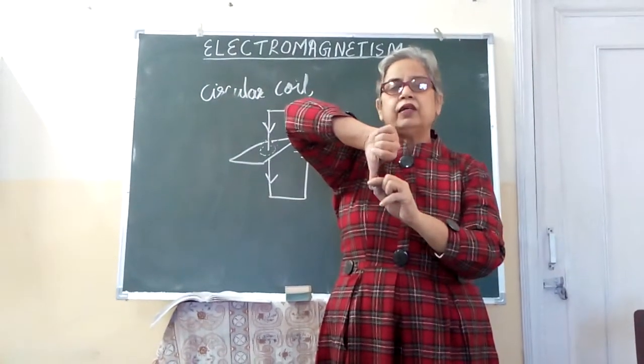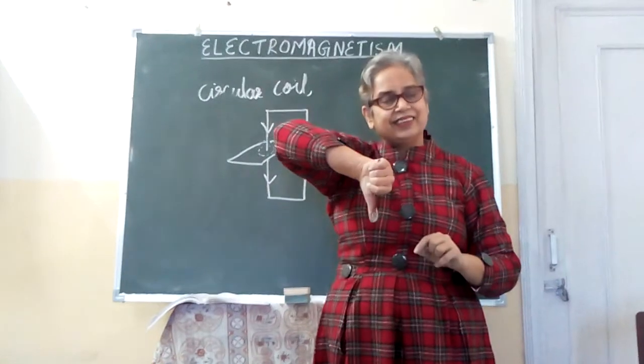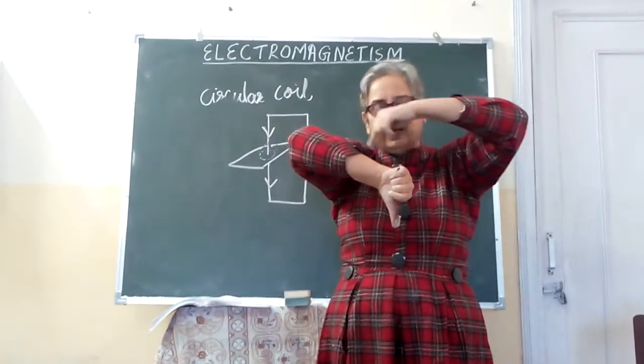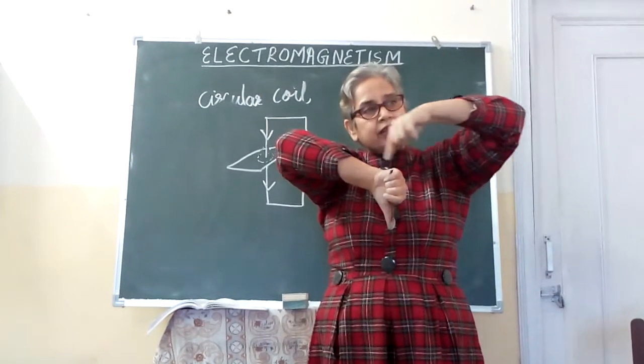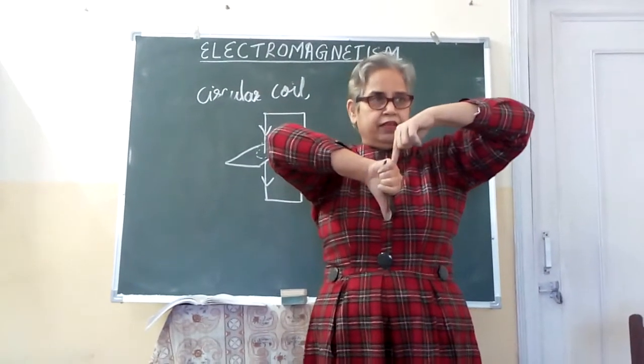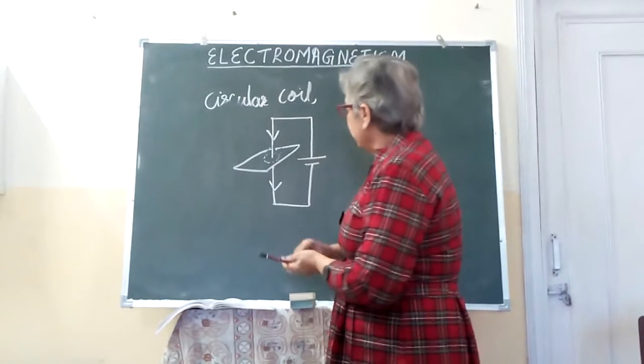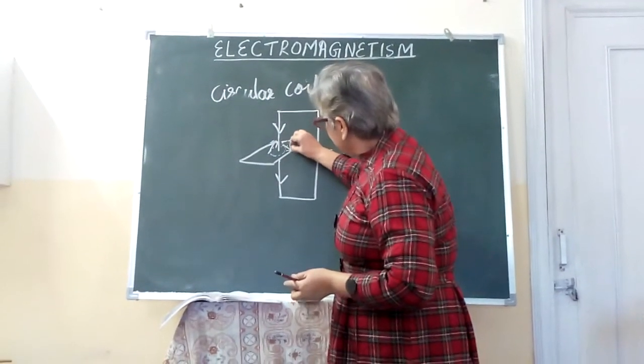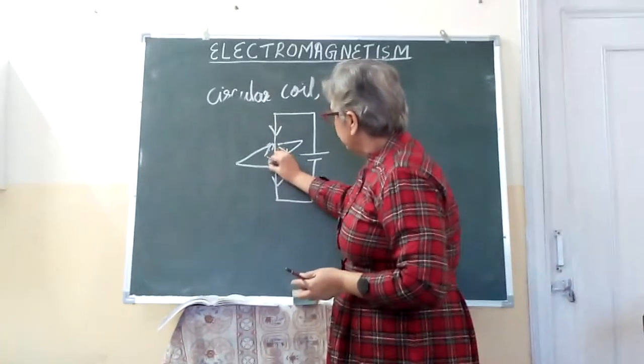Then your fingers wrap around the conductor in the direction of magnetic field. Now you see, which direction is this? Anti-clockwise.